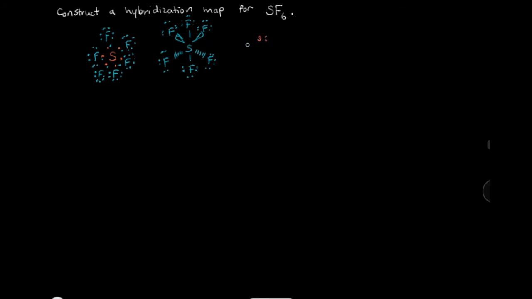And if I write out the electron configuration of sulfur, elemental sulfur has 16 electrons, right? So the electron configuration is 1s2, 2s2, 2p6, 3s2, and that's going to constitute 12 electrons, and then 3p4. Okay, so that's going to constitute 16 electrons.